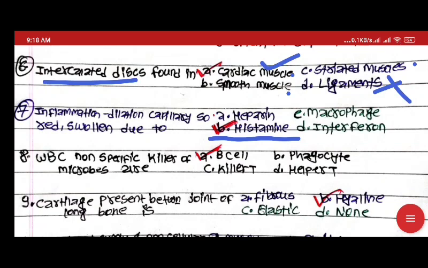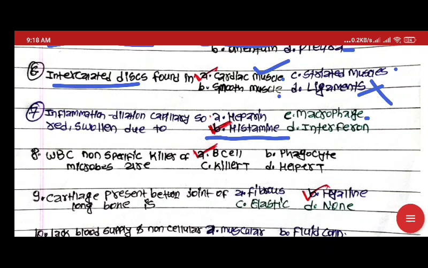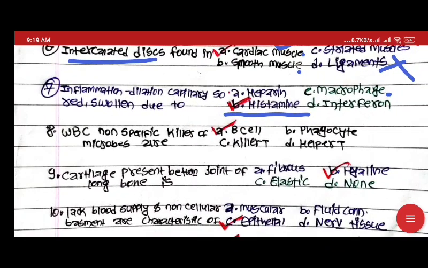Someone can tick mark macrophage, but no, not macrophage. The first action is from histamine that activates what? Macrophage. If some antigen enters the body, then histamine signals that this is the outer part of the body, and this is the enemy. Then macrophage comes. So the first option should be histamine.